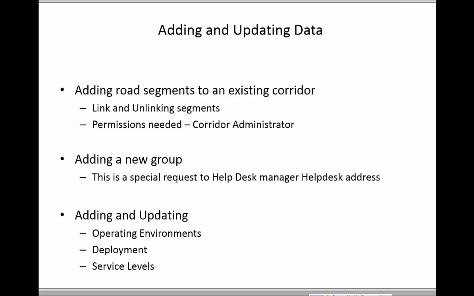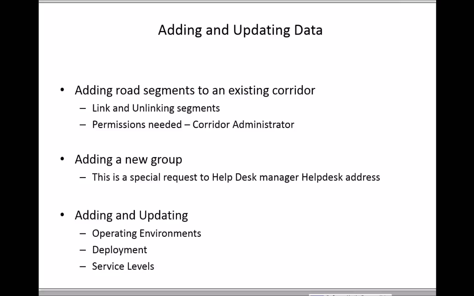And corridor administrators, if they also have a role on a national basis, will in fact have 2 logins. So they will have to log in with their appropriate role so they know what they're doing. If you want to add a new group, of which a corridor is a type of group, so if you need a subgroup of your corridor, if you want a new corridor, you have to ask the help desk, because this can only be done at a development level.